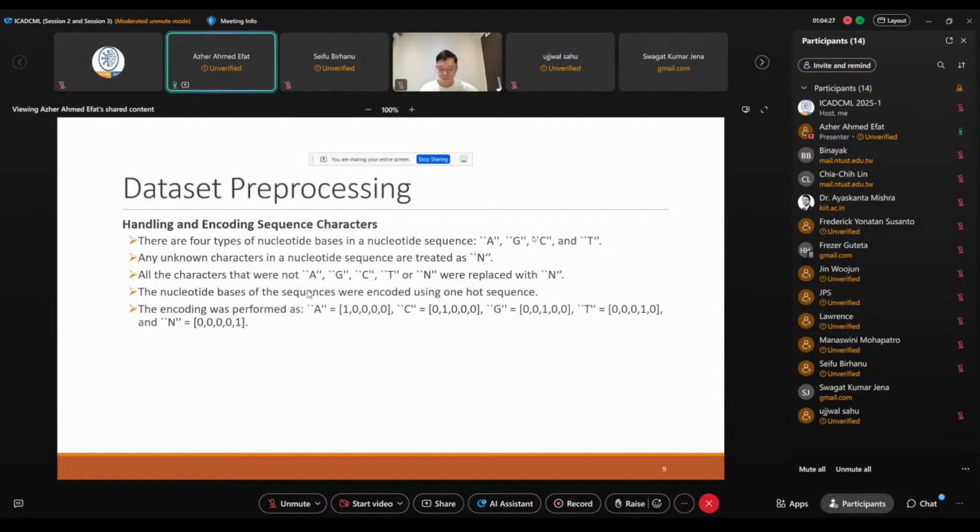So that's why we encoded all the characters. So these are the one-hot encodings for the characters.